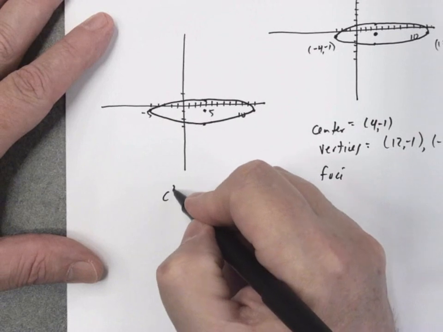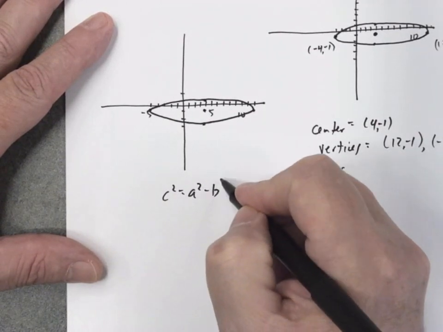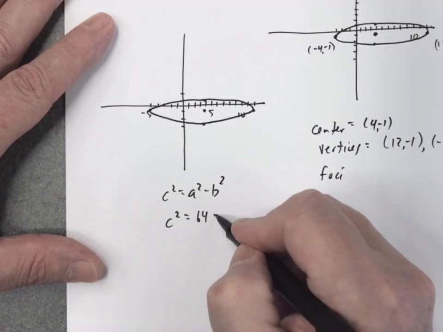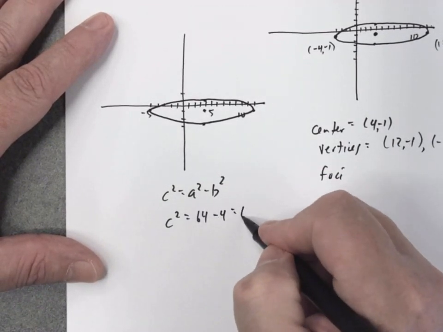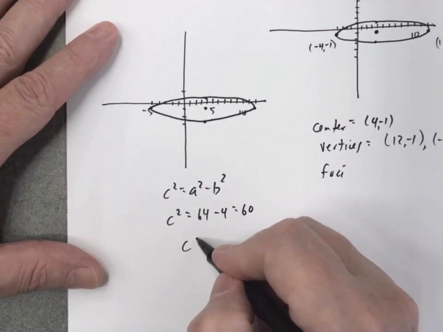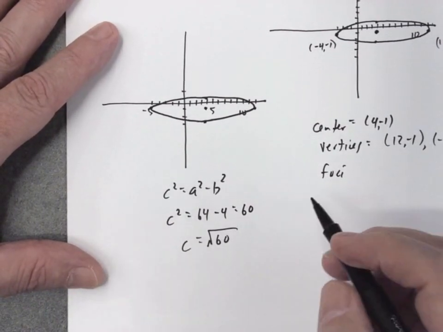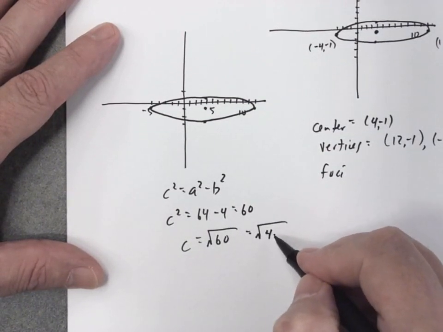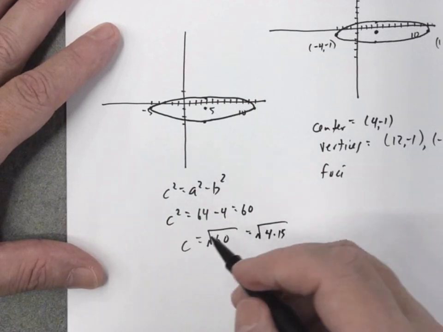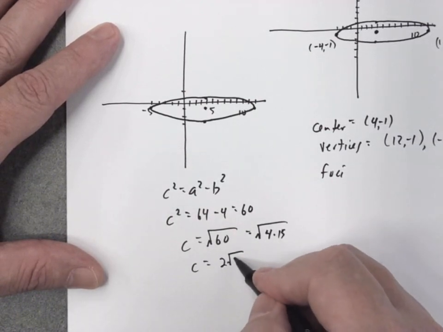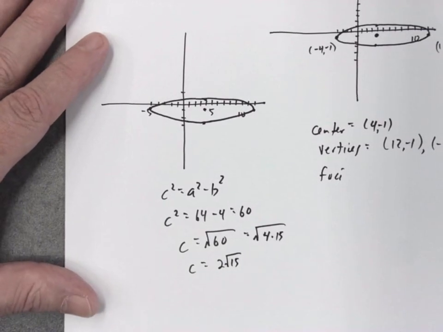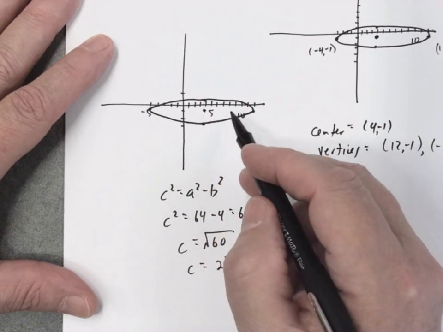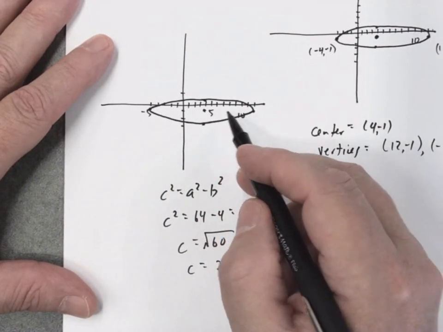So for ellipses, c squared is a squared minus b squared. So a squared is 64, b squared is 4. So c is going to be the square root of 60, which we can actually simplify as the square root of 4 times 15, so 2 square root of 15. I'm going to move from the center the distance 2 square root of 15 to the right and to the left.